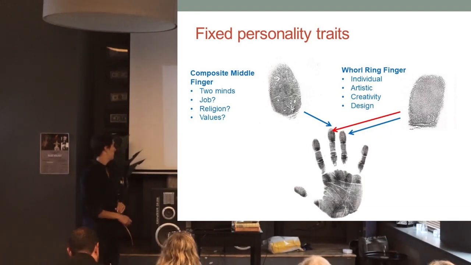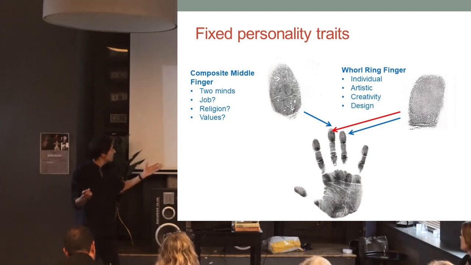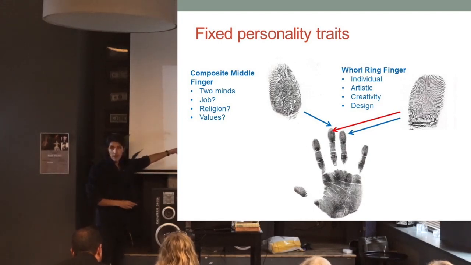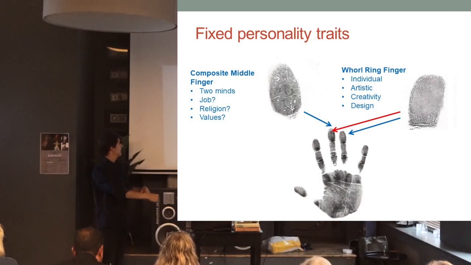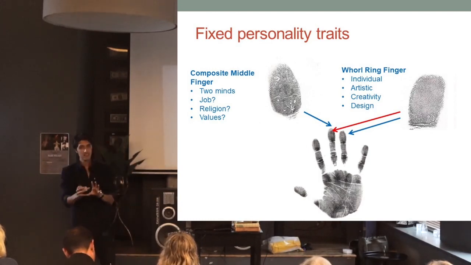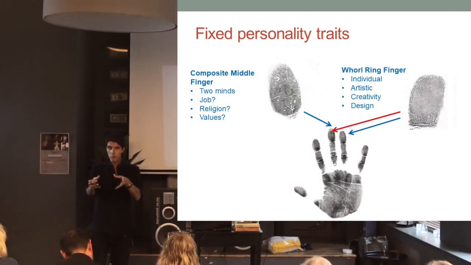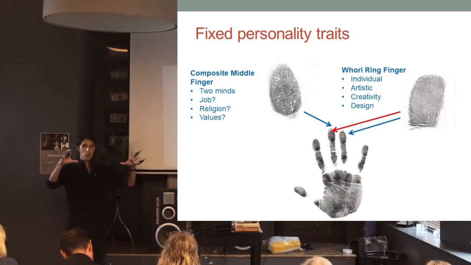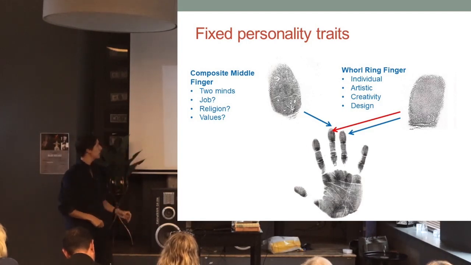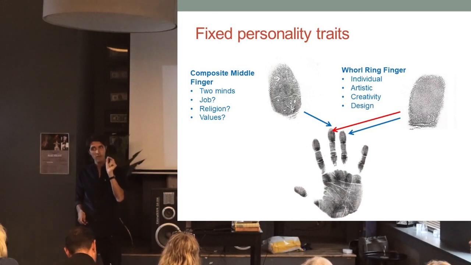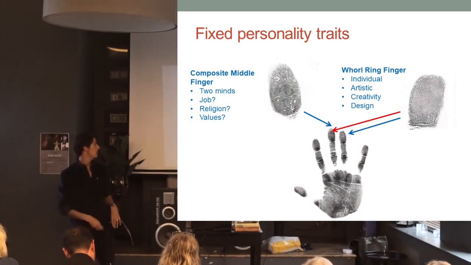And then, of course, if you've got the whorl on the middle finger, well, then you've got a different summation. You've got an individual sense of rules, structure, religion, politics, and everything to do with bureaucracy and hierarchy. So therefore, these people can be incredibly specific and have a lot of very, very original views with things to do with these.